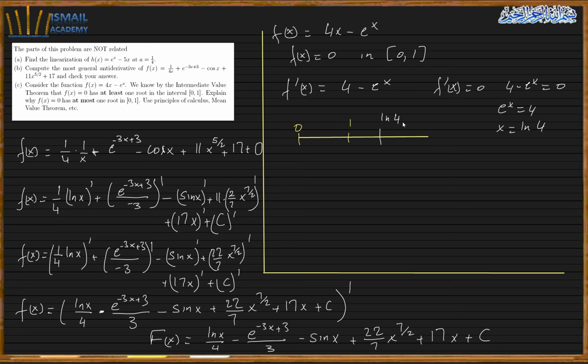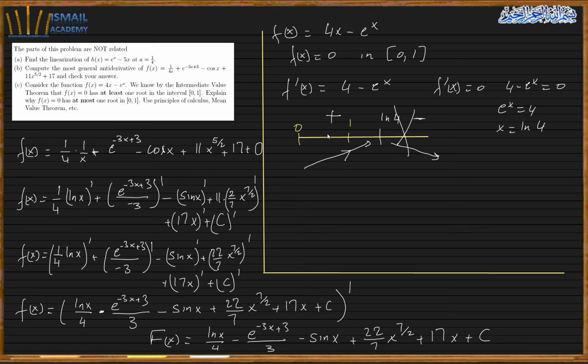So if I choose x equals 0, this is going to be positive here. If I choose x greater than ln 4, like for example 2, it's going to be negative. Which means that it's increasing here, and decreasing here. But my concern is not about that side, it's about this side. So you see, it is increasing on the interval 0, 1. That means the function is monotone on 0, 1.